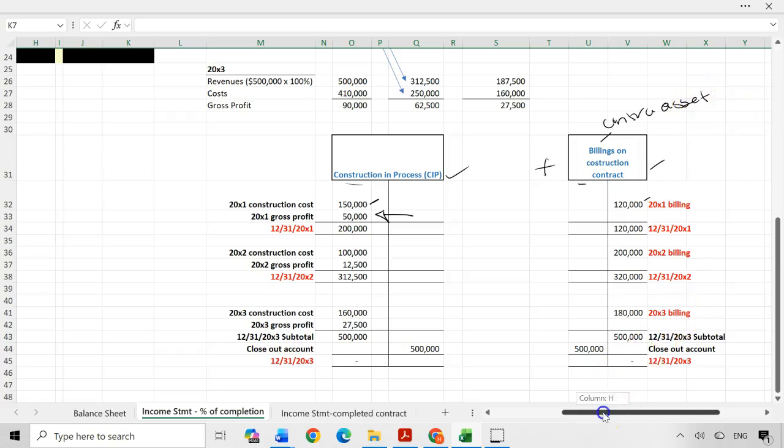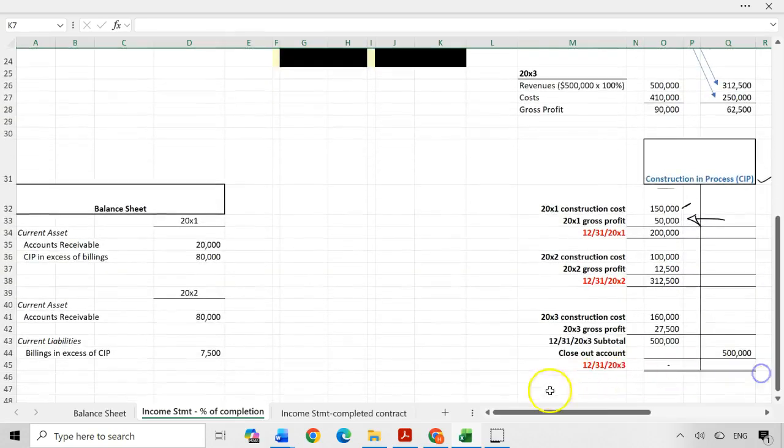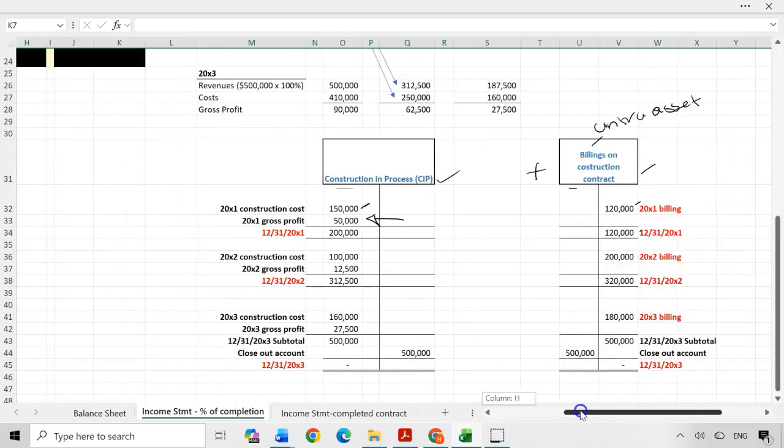I'm going to go back up right here just so you can see it again, where we debited the $50,000. And so our ending balance at 12/31/X1 for construction in process is $200,000. Our ending balance in the billings on construction contract at the end of 20X1 is $120,000.